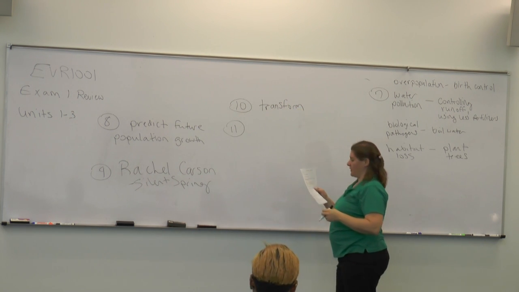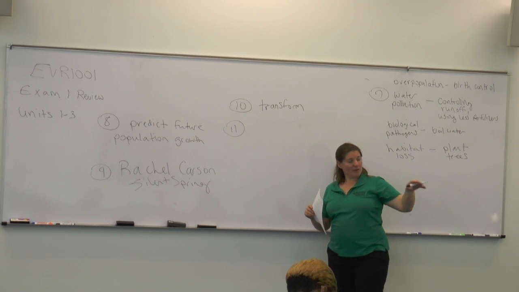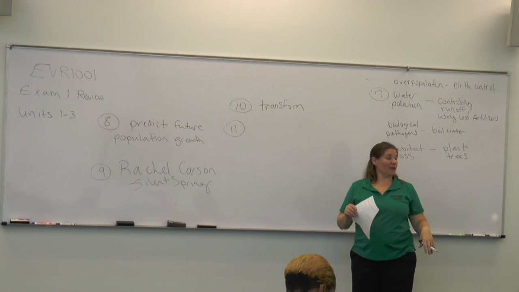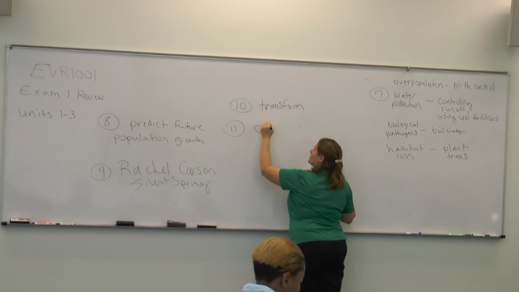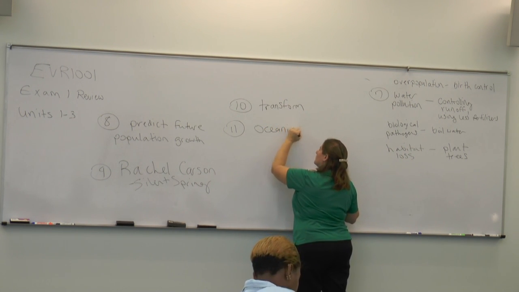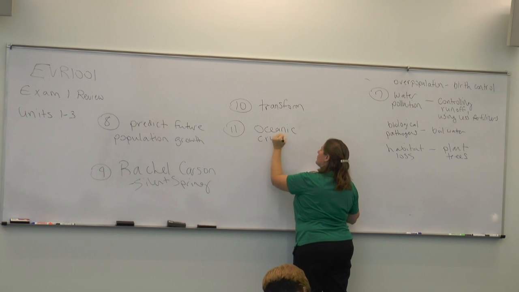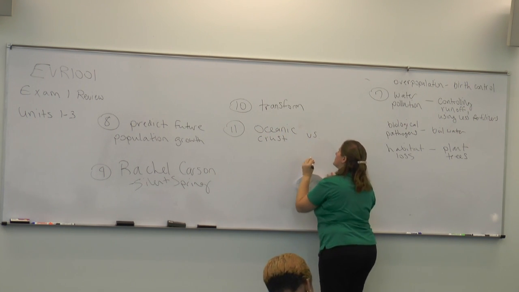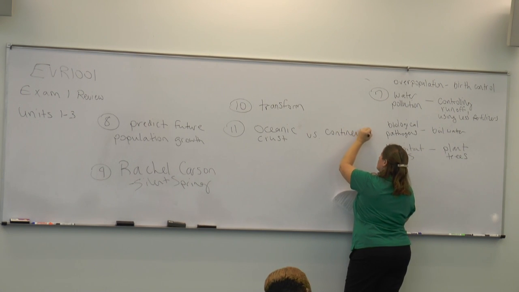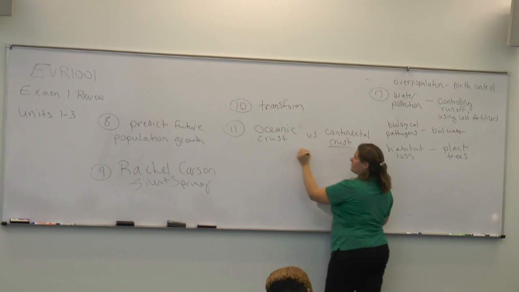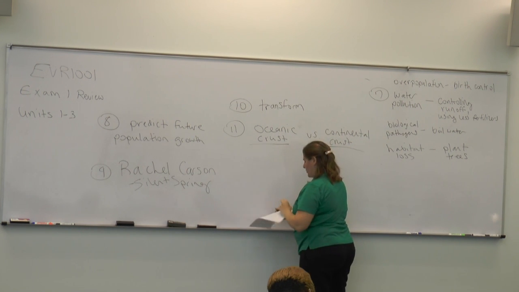How about number 11? Remember, you wanted to talk about the differences between the two different kinds of crust, so here we go. The oceanic crust compared to the continental crust. Let's list out some differences. So first of all, and most simply, where is oceanic crust?